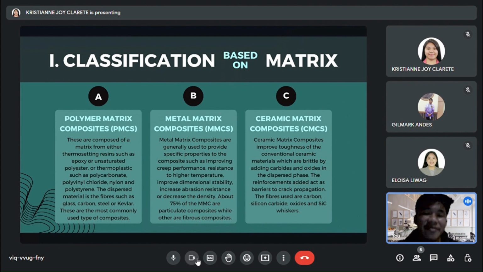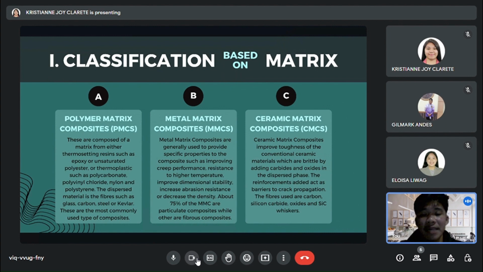They are typically classified according to the type of reinforcement: short discontinuous fiber, continuous fibers, or particulates. Again, MMCs are made by dispersing a reinforcing materials into a metal matrix.